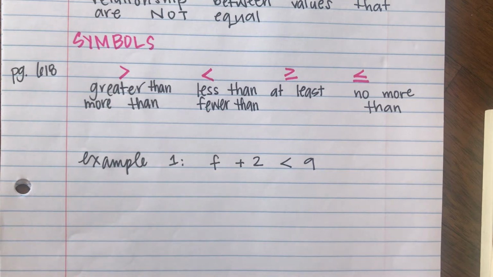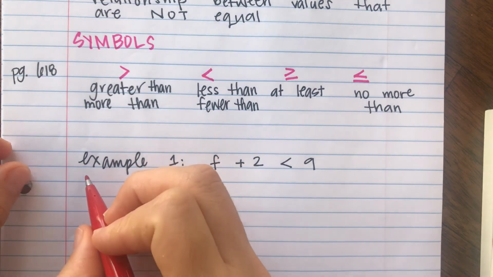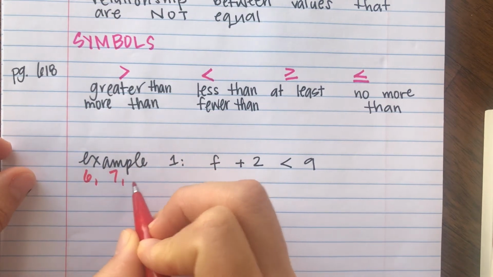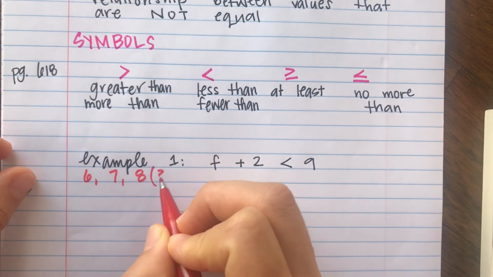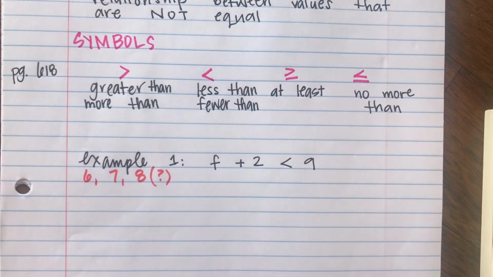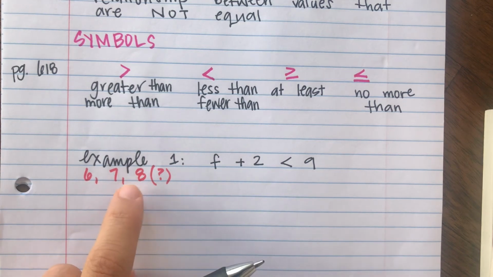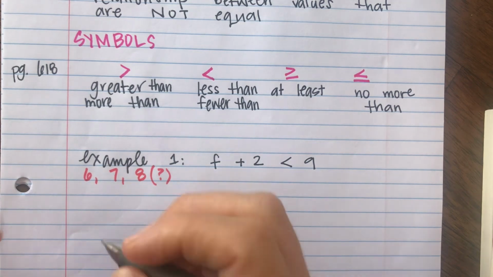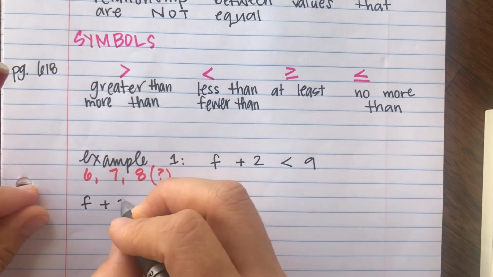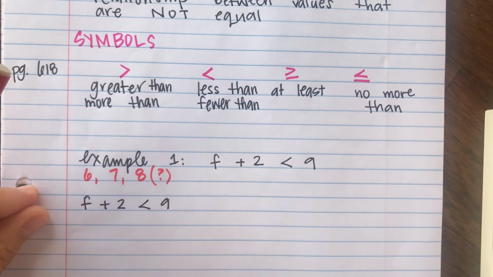So can f be 7? No. You know that because, and oh, that's one of the questions. So the values of 6, 7, or 8, question mark, right? We don't know. The question is, can any of these values be f? We know for sure 7 and 8 cannot. Why? Because f plus 2 has to be less than 9.